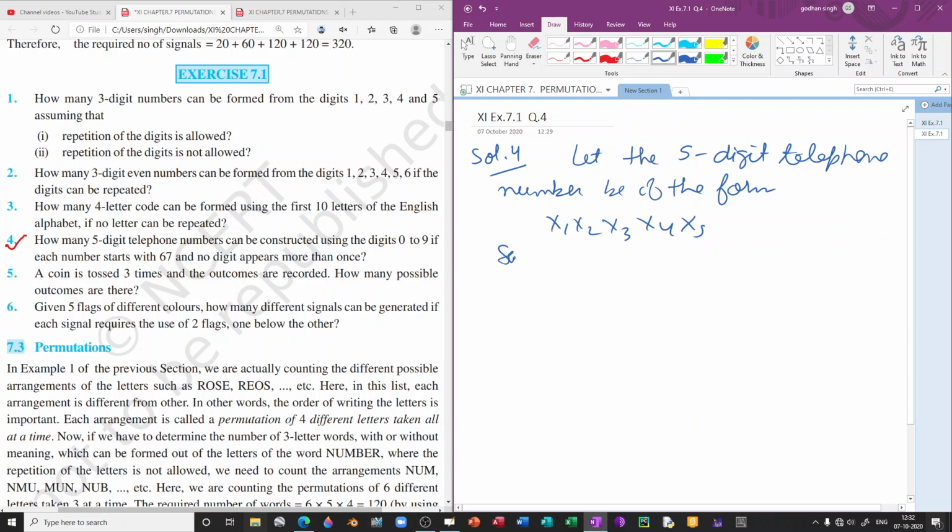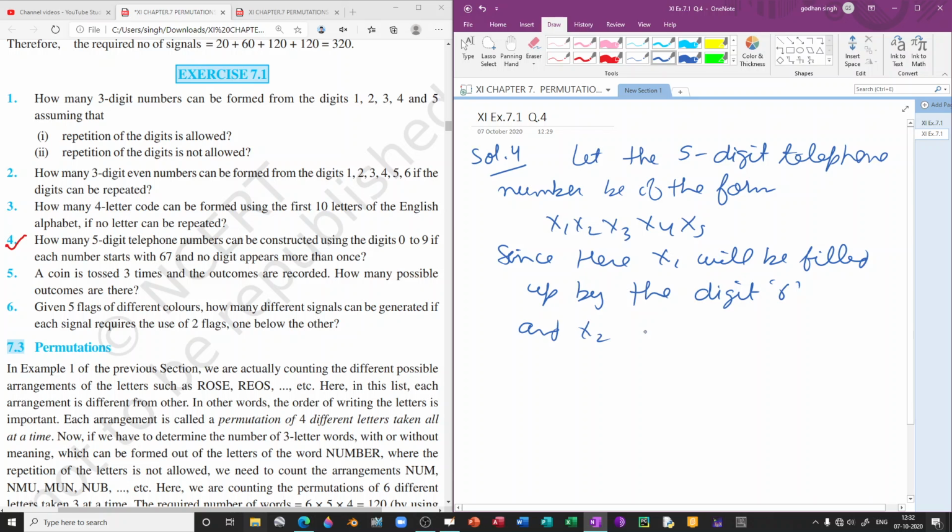So x1 will be filled up by the digit 6, and x2 will be filled up by the digit 7.